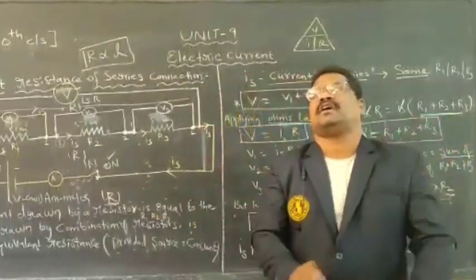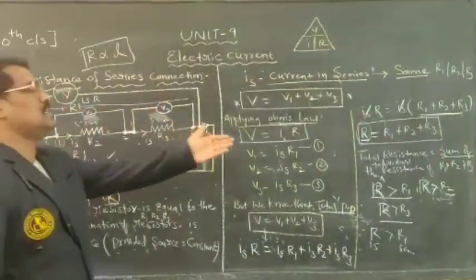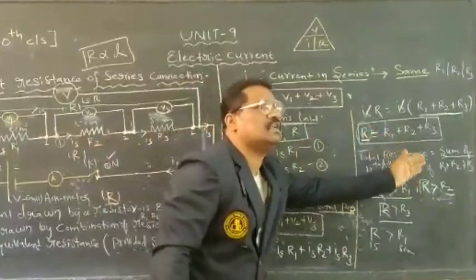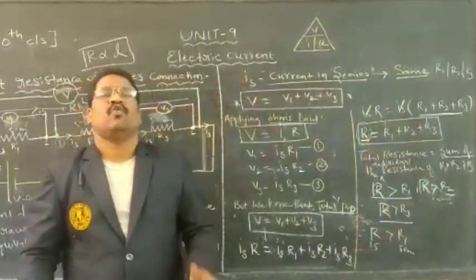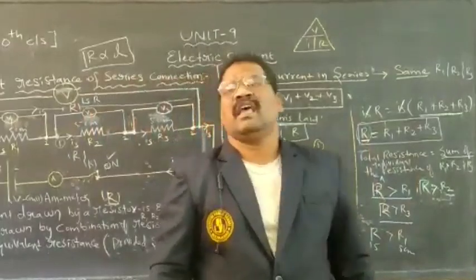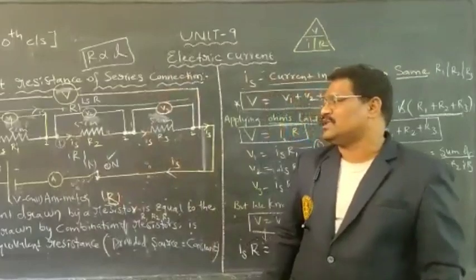By this we understood clearly that the equivalent resistance in series connection, the whole resistance, will be the sum of the individual resistances R1, R2, R3. By this we have completed our topic of equivalent resistance connected in series. What is called equivalent resistance?